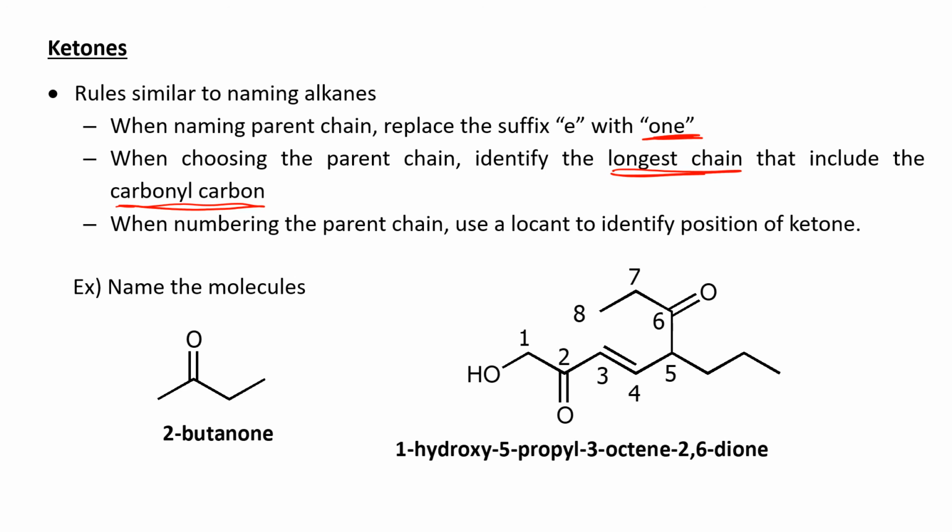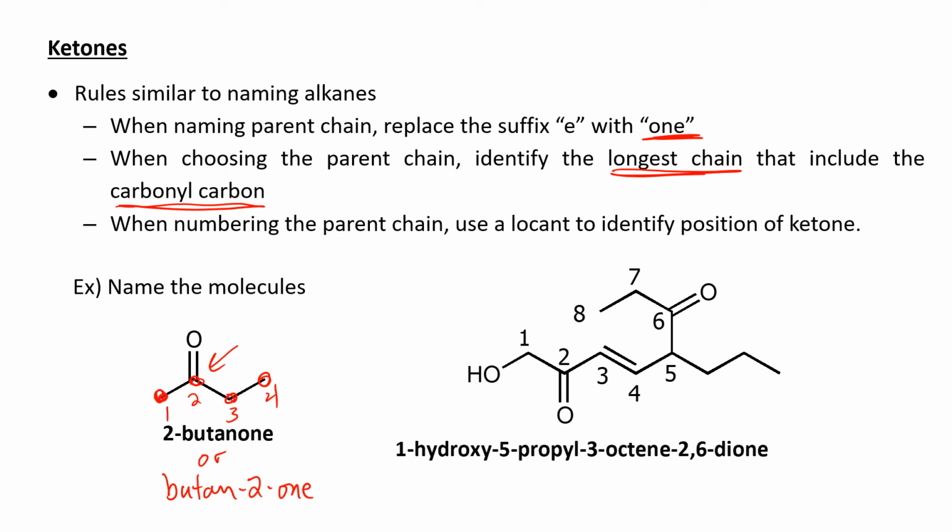So let's look at a simple example. 4 carbons in our chain. We want to give the carbonyl of the ketone the lowest possible number. So 1, 2, 3, 4. So that's 2-butanone. Or you could have said butan-2-one.